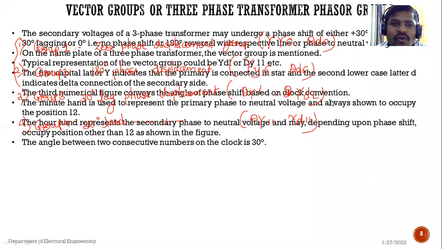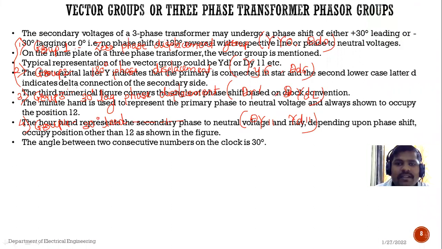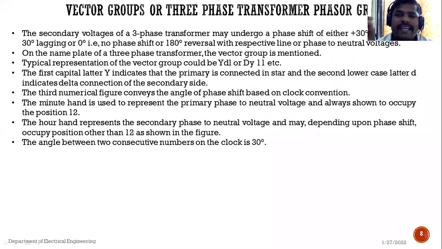With respect to that, the phase to neutral connection can be done, and according to this we form the groups. म्हणजे how the secondary winding of the transformer is connected with respect to the primary winding. म्हणजे त्याच्यामध्ये किती फेज डिस्प्लेसमेंटचा अँगल आहे. So this angle, whether it is 30-degree, whether it is 180-degree, whether it is plus 30-degree, whether it is minus 30-degree, whether it is 0-degree, or whether it is 180-degree.